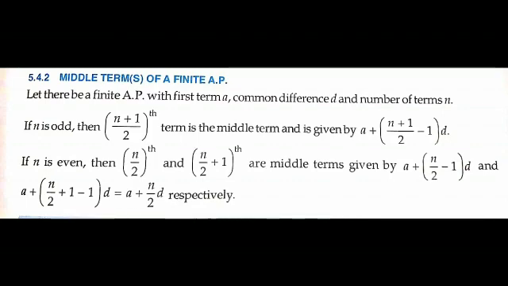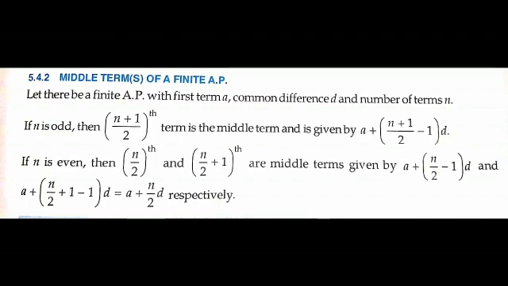So using the formula for the general term of the AP, we will find these middle terms as a plus (n by 2 minus 1) into d for the first middle term, and for the second middle term a plus (n by 2 plus 1 minus 1) into d, which after simplification reduces to a plus n by 2 into d. So this is the second middle term.